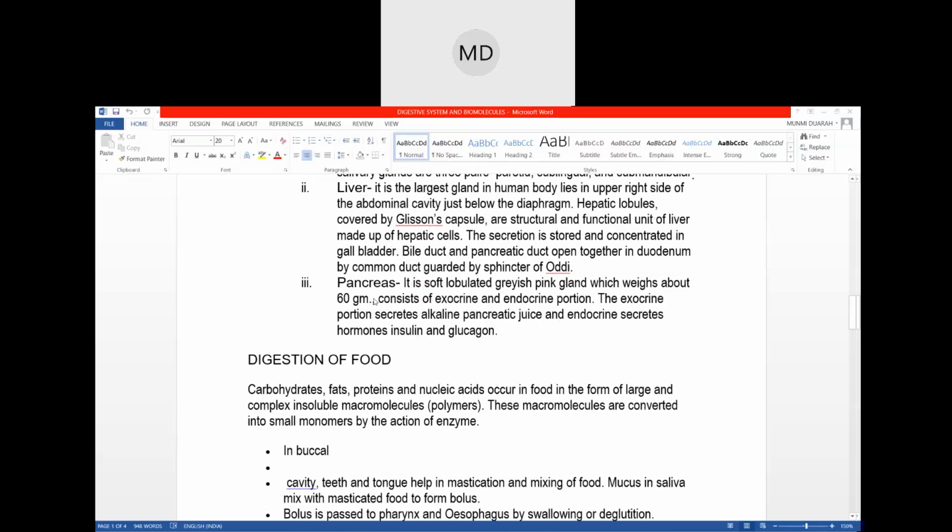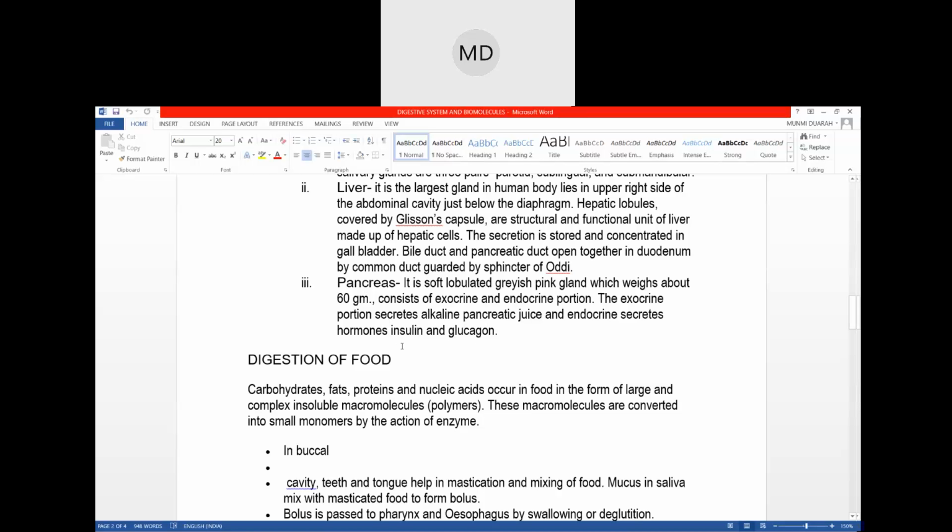Next is the pancreas. Pancreas is a type of heterocrine gland. I told you there are three types of gland, right? Endocrine, exocrine, and heterocrine. Why heterocrine? Because pancreas can secrete hormones and it can also secrete other substances, not only hormones. Pancreas can secrete insulin and glucagon, very important hormones in diabetic patients, right?